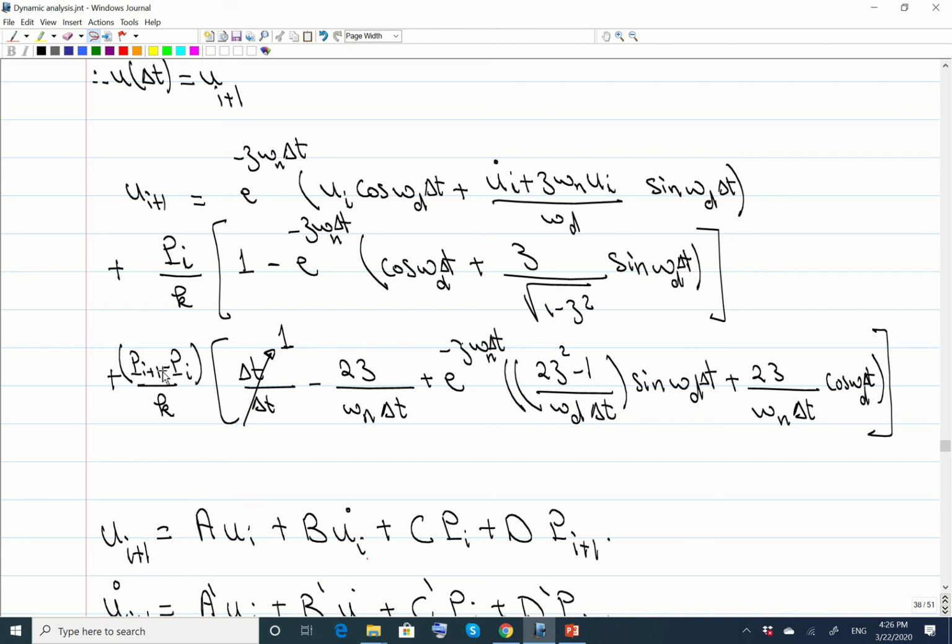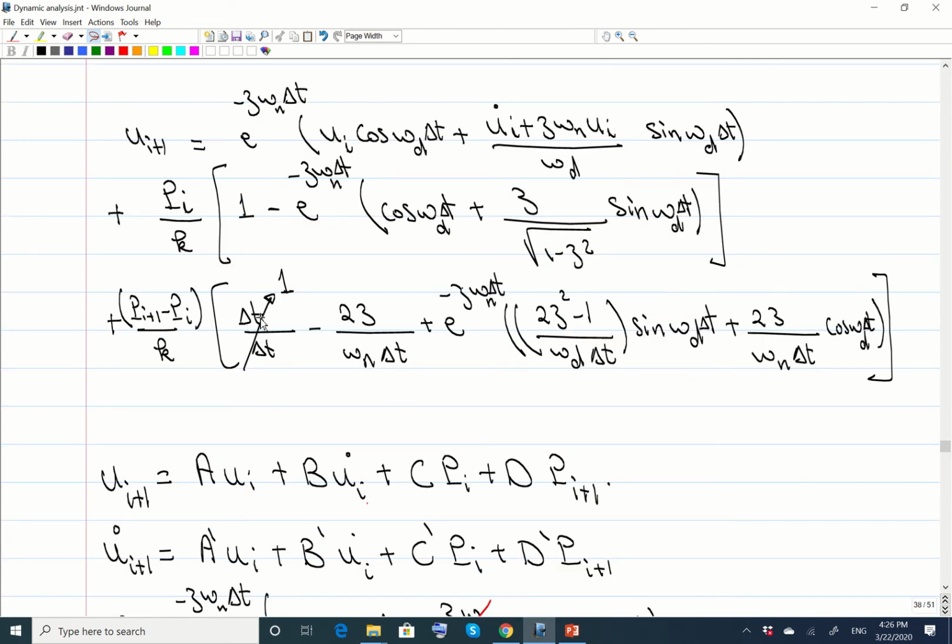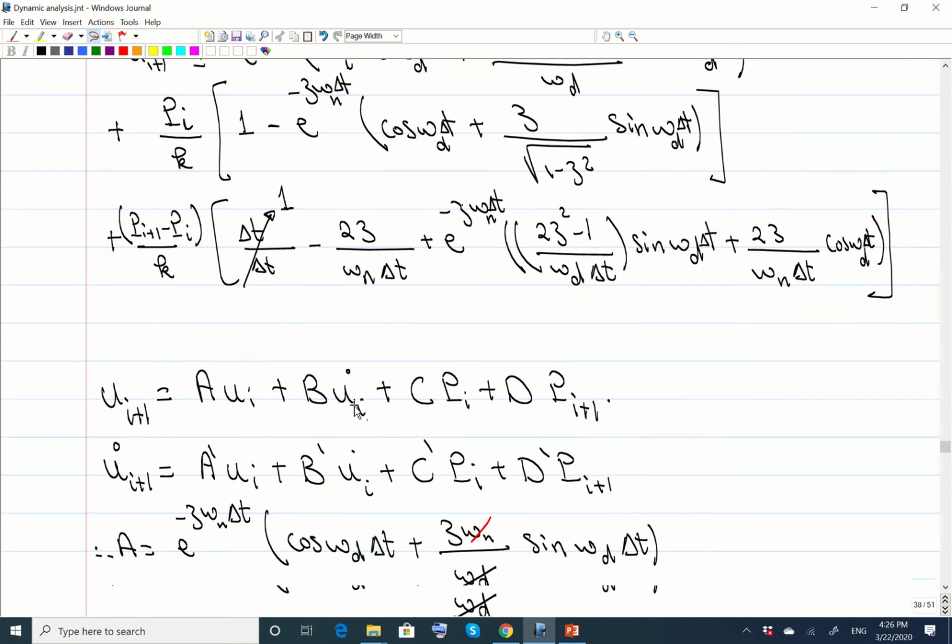Here we also have negative p_i divided by k, so all of this multiplied by negative 1 over k is going to be multiplied by p_i. So this is going to be C. D is the term multiplied by p_{i+1}. Here you have p_{i+1} divided by k, so D is going to be all of this term divided by k.